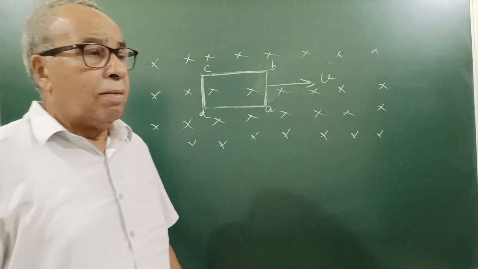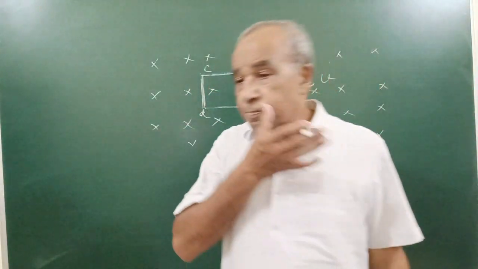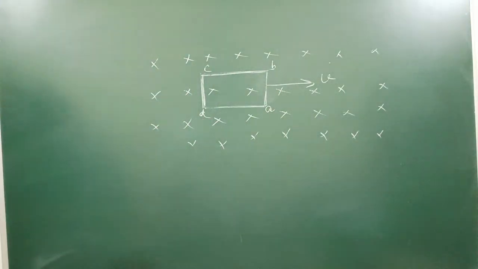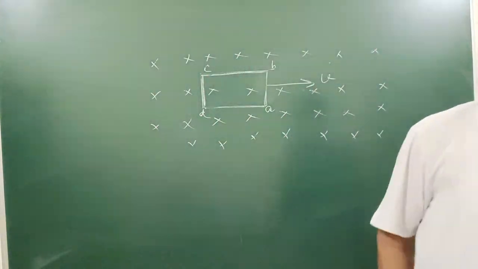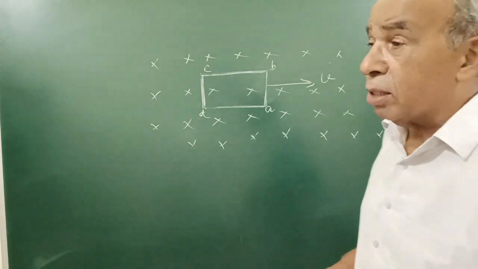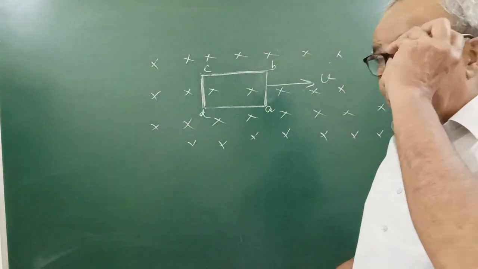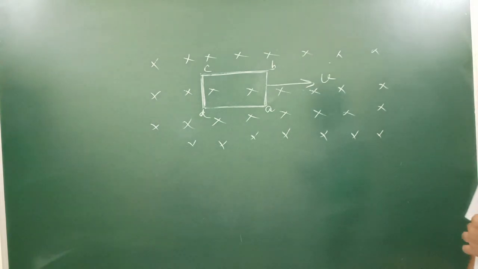But if you see, I told you in the third law that whenever the magnetic flux linked with a coil changes, or a conductor is cutting the magnetic field lines, EMF is there, induced EMF.